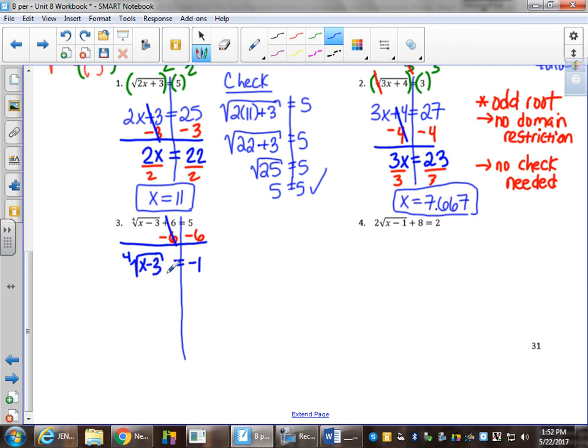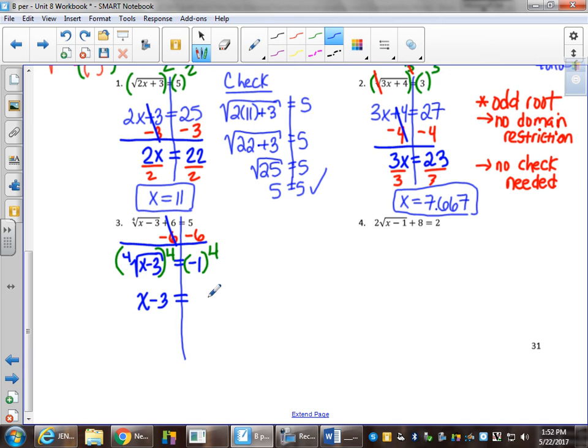Apologies. So back to the question. What would cancel with the fourth root? Raising to the, what power? Fourth power. What is left on the left side? Just x minus 3.